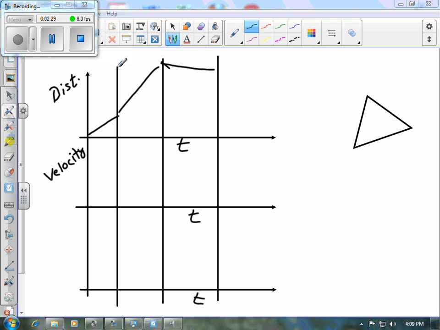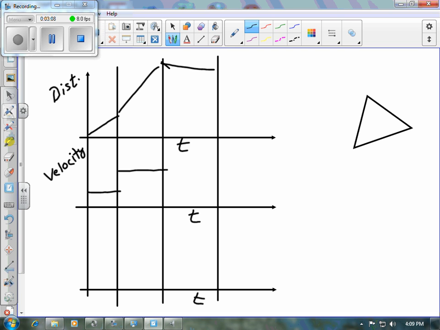So in the first portion, the velocity was constant because the distance is changing at a constant rate. So the first part, we have a constant velocity, and then it jumps up to a faster velocity, and then it looks like, well, according to this graph, the thing would have stopped altogether and actually gone backwards a little bit.